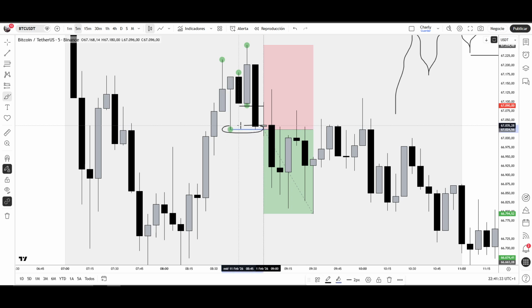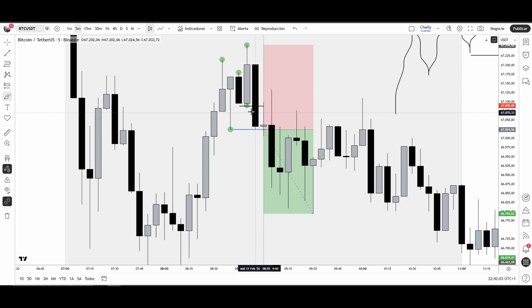Now, Charlie, is this canceling the option for you to sell on the higher low as a BOS? No, because this is not a BOS at all. They are equal lows. For us to have a BOS, price must surpass the higher low. In this case, it's not surpassing, it's just respecting it, doing equal lows. Therefore, we cannot say that price is doing a BOS.